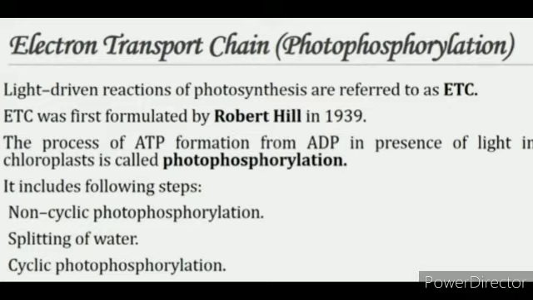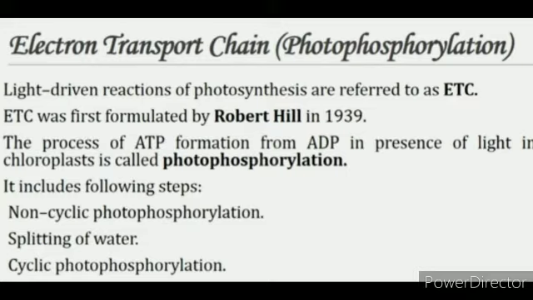Now we will see the electron transport chain or photophosphorylation. Light-driven reactions of photosynthesis are referred to as the electron transport chain. It was first formulated by Robert Hill in 1939.